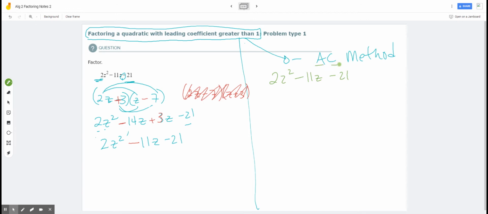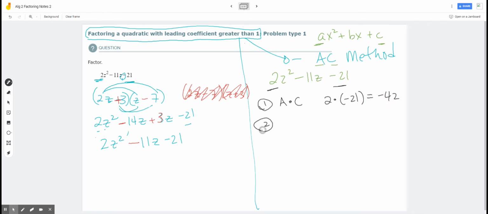The reason why it's called the AC method is because in standard form, this is A, that is C. What we're going to do is use a trick, and all of this is just a trick. So the first step is you multiply A times C. In this case, A is 2, C is negative 21. You go 2 times negative 21 and you get negative 42.